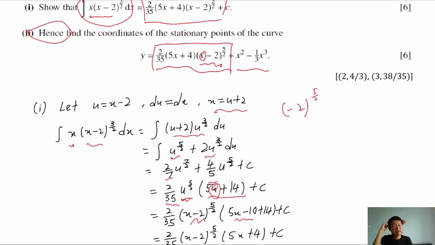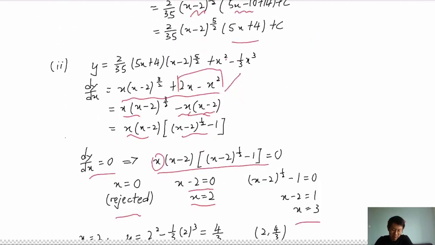Because this is power 5 over 2, it means we are trying to find the square root of a negative 2, then we power 5 from there. This is what I mean by the equation not being valid when we have x equal to 0. So this is why we need to reject x equal to 0.